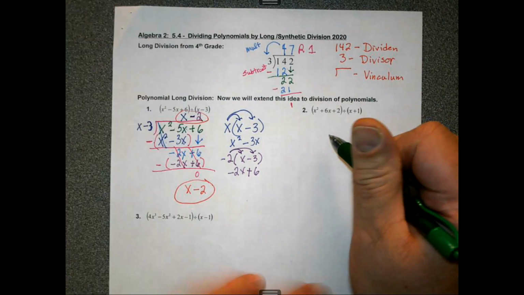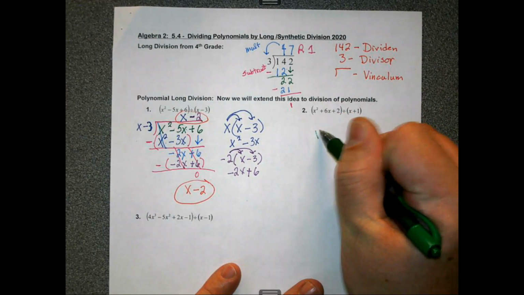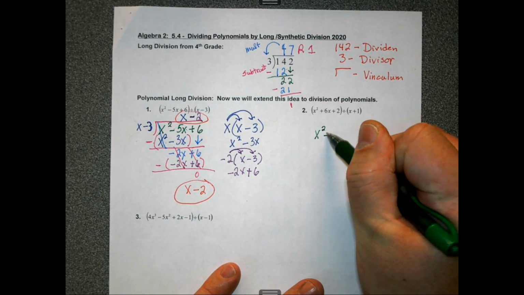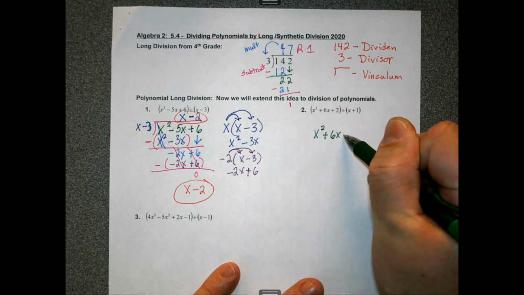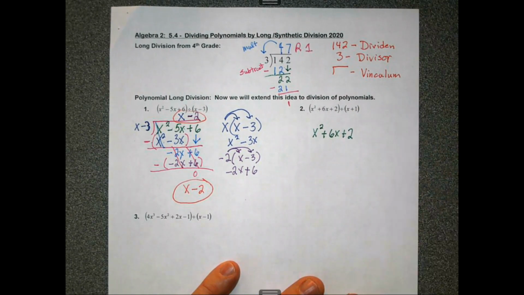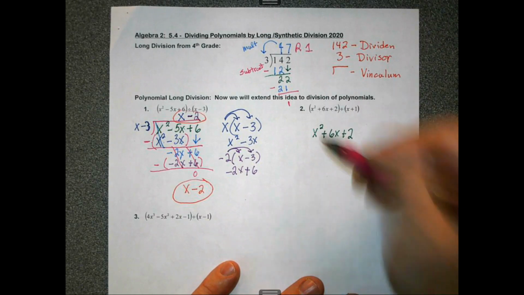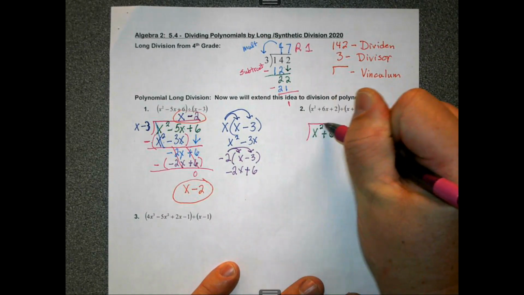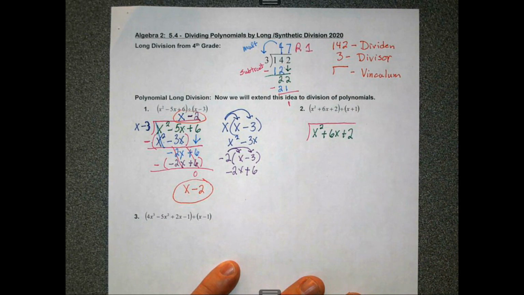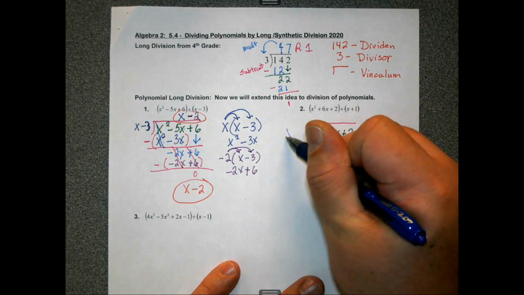All right, my dividend, x squared plus 6x plus 2. Need my vinculum. Divided by my divisor, which is x plus 1.